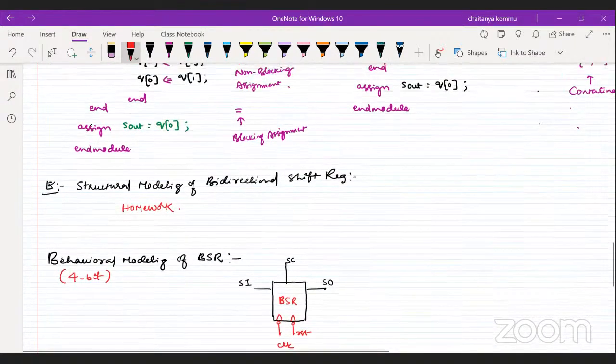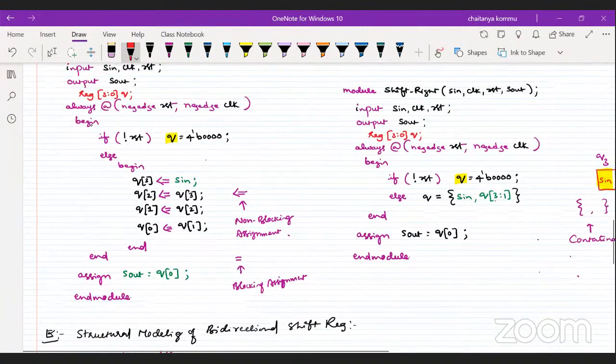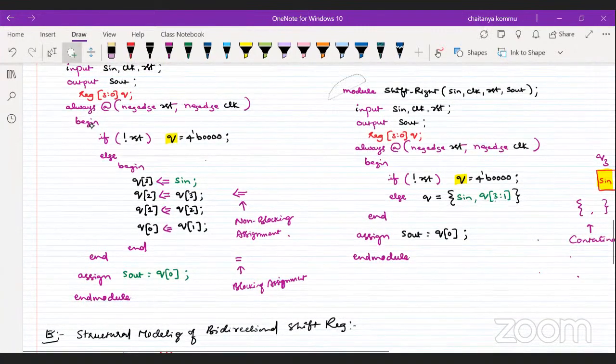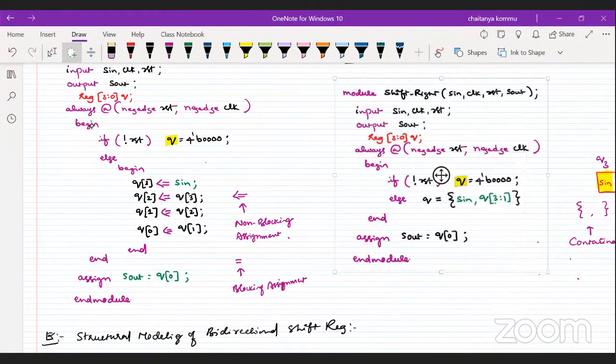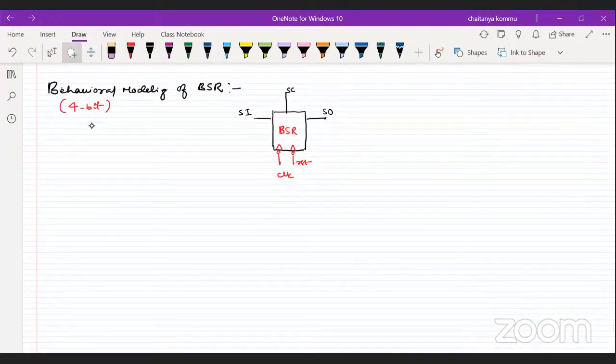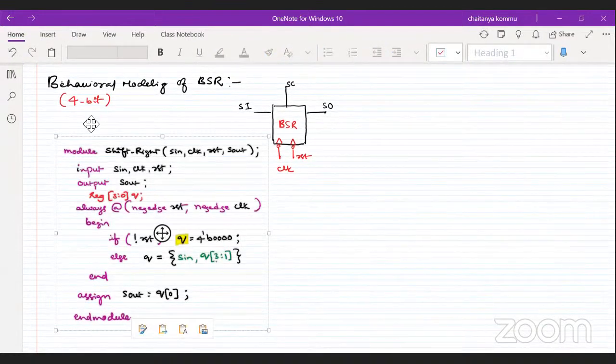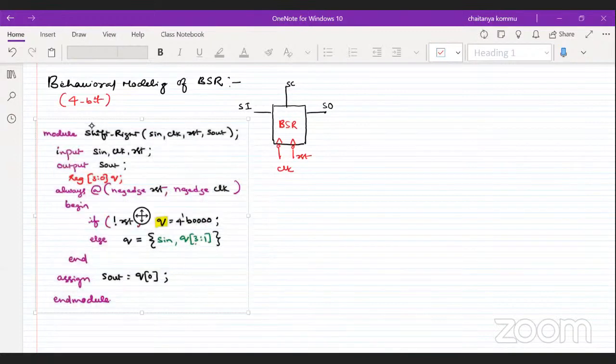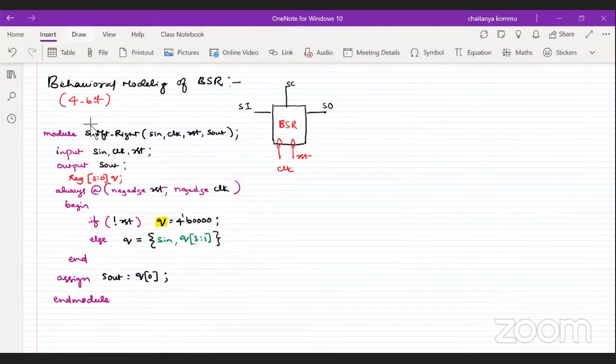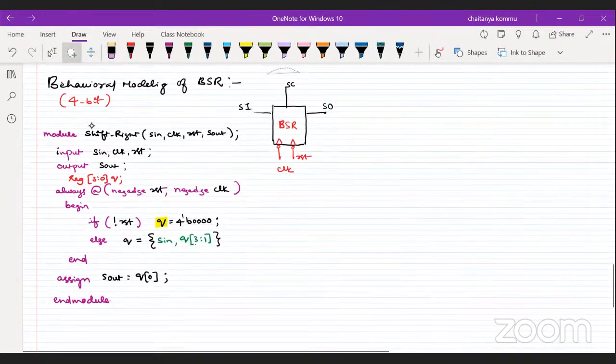Okay, so I'm using the same concept, nothing else here. Okay, copy. I want to paste it at this place. Okay, so what is the modification that I have to do here?